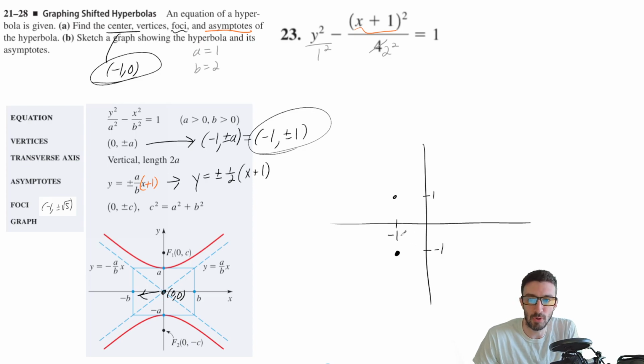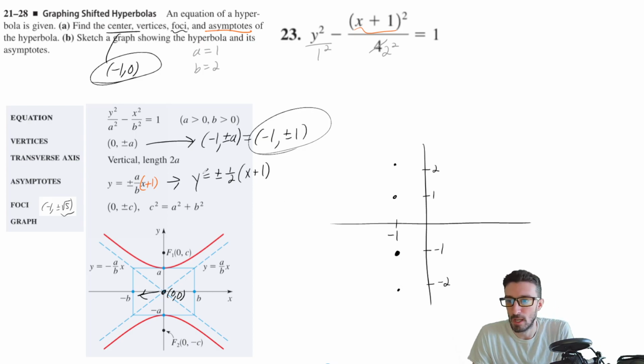So now we got those vertices in there. Now we might as well also get our foci in there. Root 5 is a little bit more than root 4, so it's going to be a little more than 2. So I'll put 2 and negative 2, and then I'm going to make it a little bit above the 2 and a little bit below the negative 2. And those will be our foci.